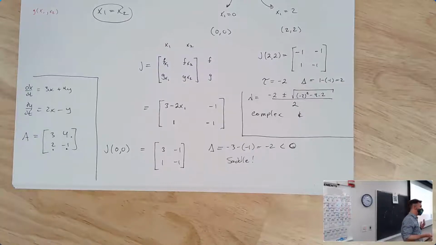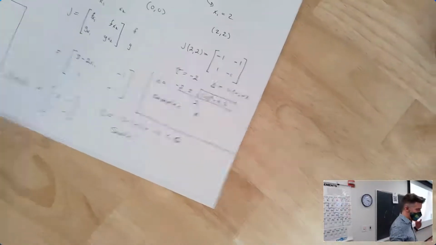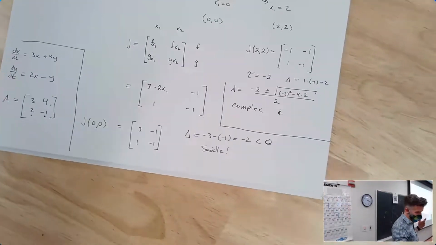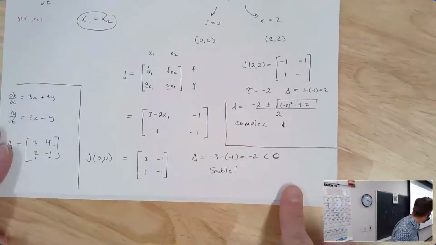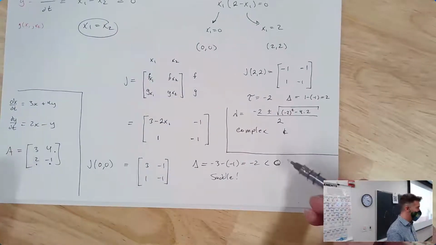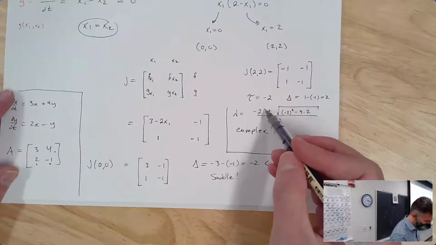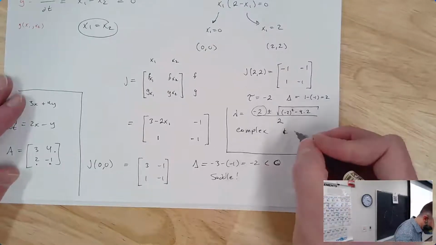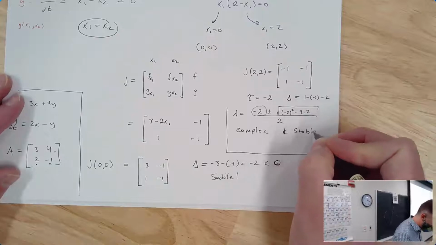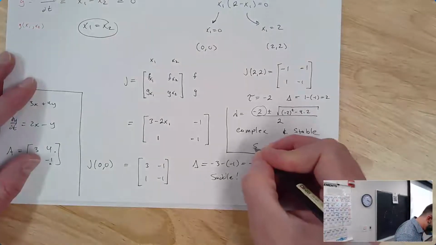If the trace is positive, you have instability. If the determinant is negative, you have a saddle, which is instability. If the determinant is positive, which it is, then the trace determines your stability. So we have a stable spiral.